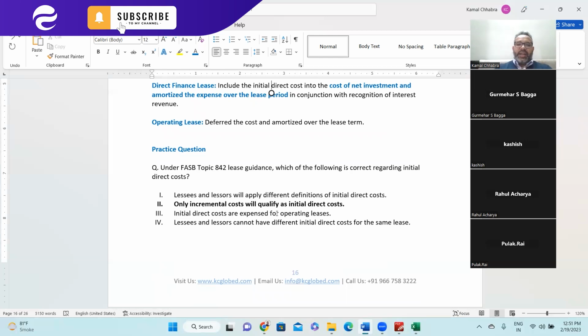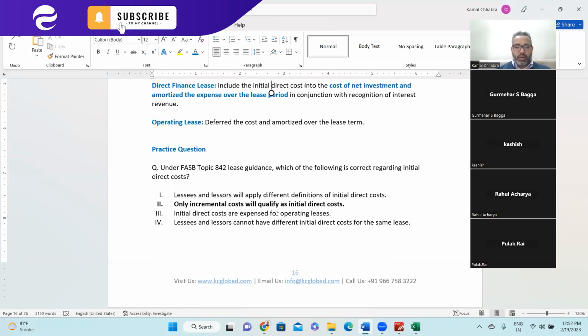Okay, so let's do a practice question. Under FASB topic ASC 842 lease guidance, which of the following is correct regarding initial direct cost? First, lessees and lessors will apply different definitions of initial direct cost. Second, only incremental costs will qualify as initial direct cost.